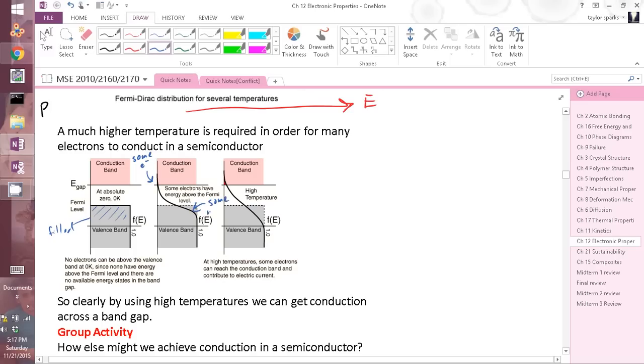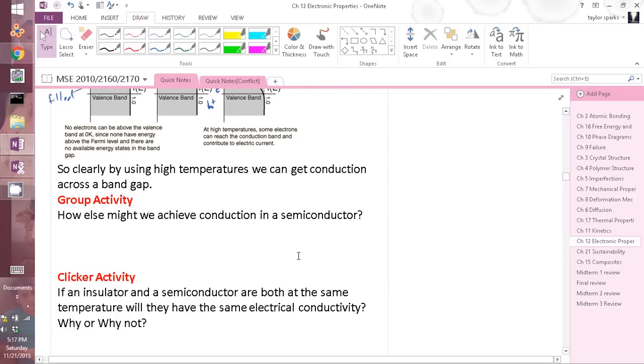Another way of saying that is just that you have holes, H+, right? And at a higher temperature, you have even more holes and electrons, okay? At higher temperatures, it gets even larger amounts.